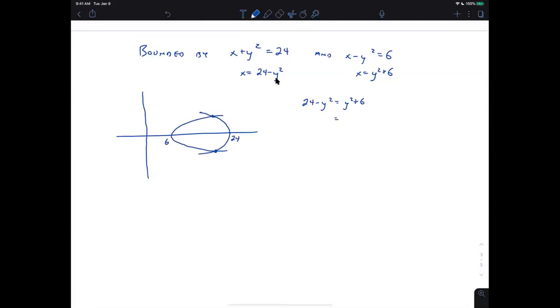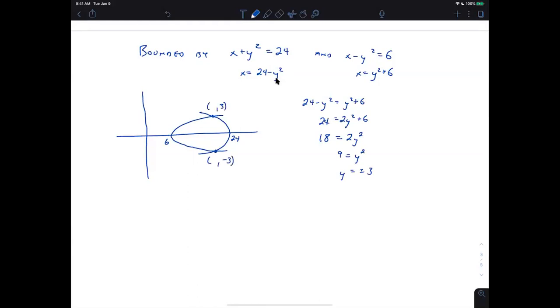Going to add the y squared to both sides, subtract 6, divide by 2 and get y equals plus or minus 3. And so then the y values are 3 and negative 3.